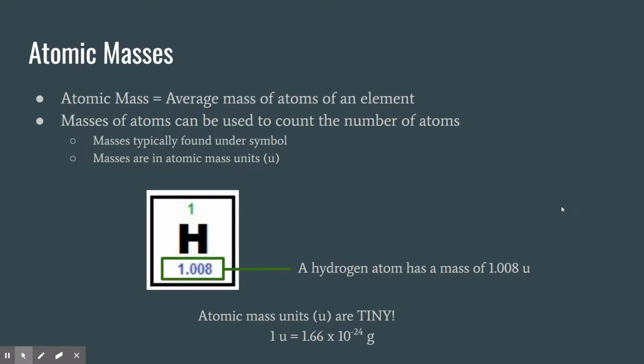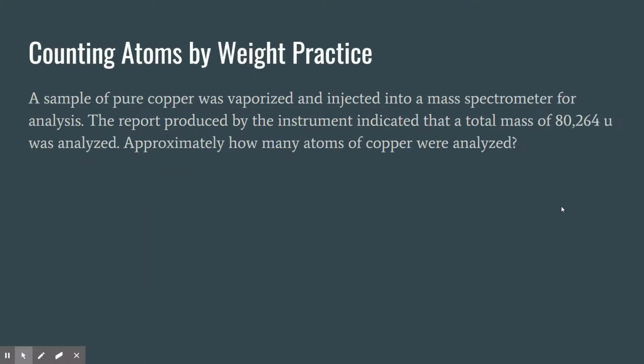Now, I can take these atomic masses and use them to calculate the number of atoms in a sample. If I use an instrument like a mass spectrometer, which counts atoms by mass, then I could potentially solve a problem like this. A sample of pure copper was vaporized and injected into a mass spectrometer for analysis.